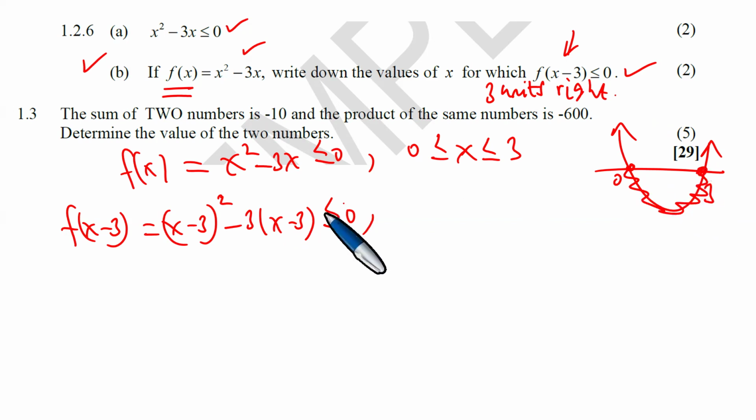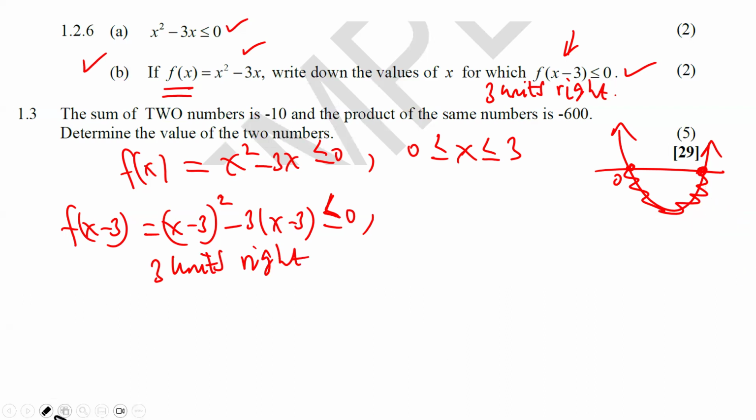But now this is translated 3 units to the right. So you take this one 3 units to the right.